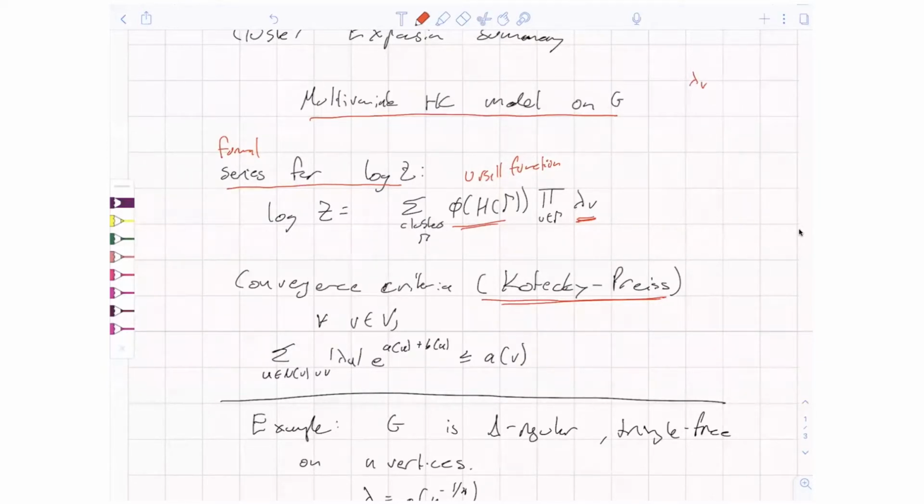What you want to check is that for every vertex v in your graph, if you sum over all the neighbors of v and v itself the absolute value of the activity times e to the a of u plus b of u, where a and b are some functions from V to, say, [0, infinity), we want this to be at most a of v. Okay, and so this is some condition on the weights being small, or I should say the fugacities, we want the activities to be small.